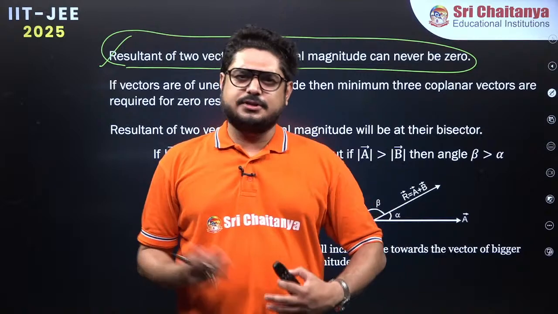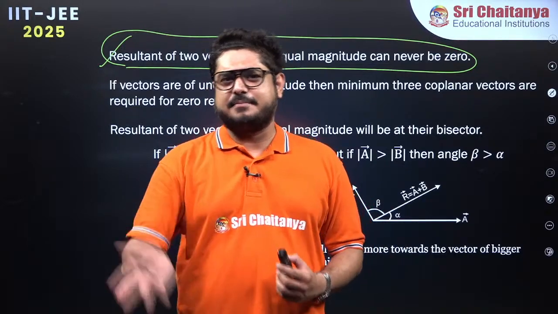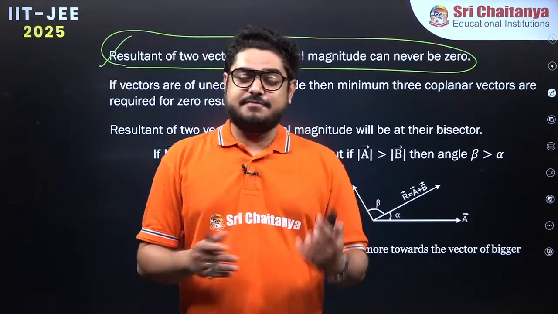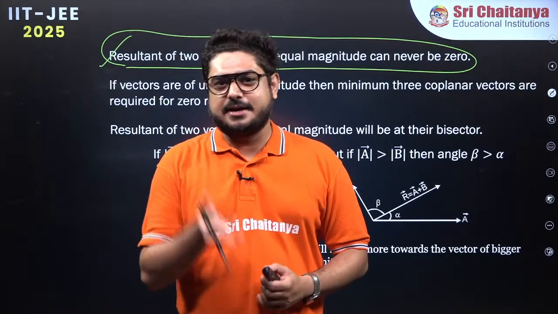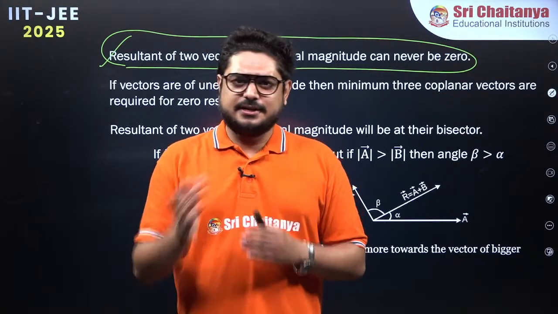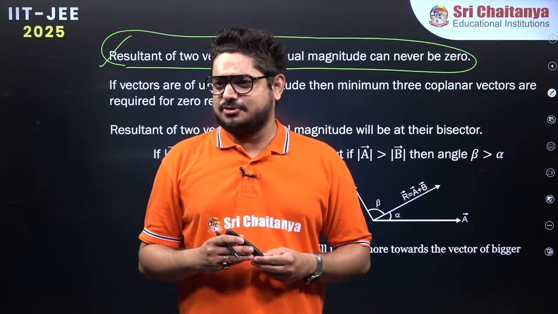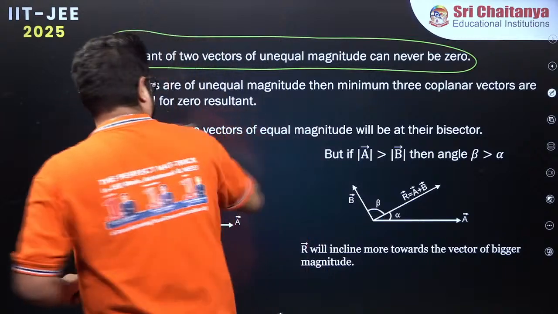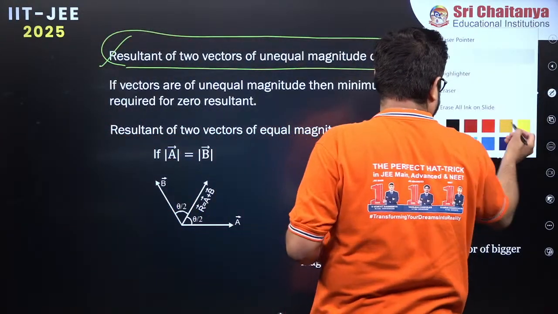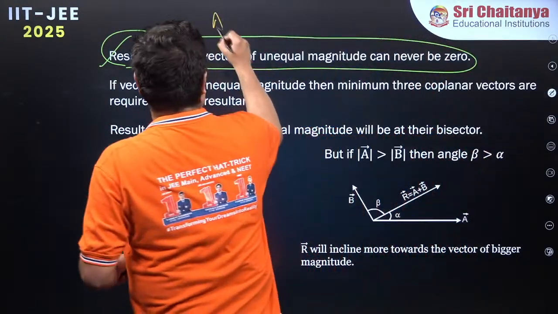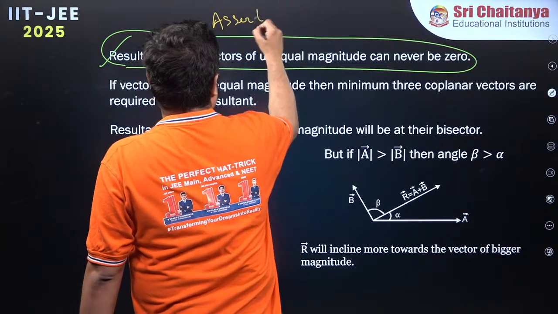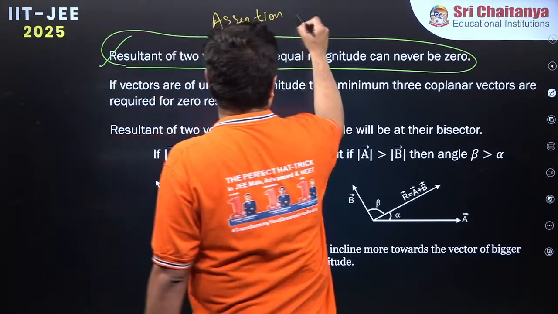They will give you statement 1 and statement 2 and ask which statement is correct, or else whether statement 2 is a correct proposition for statement 1 or not. I will write down the type of questions in JEE Main which they usually ask, the assertion A and R questions.